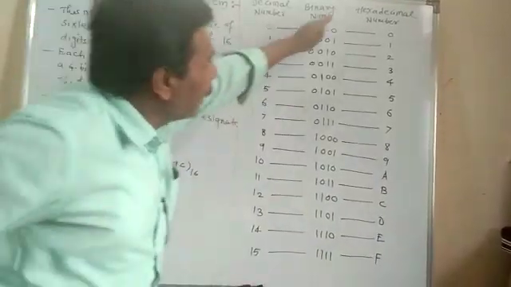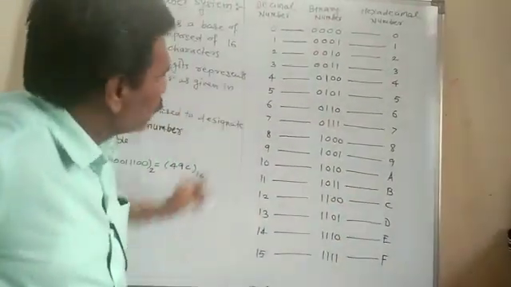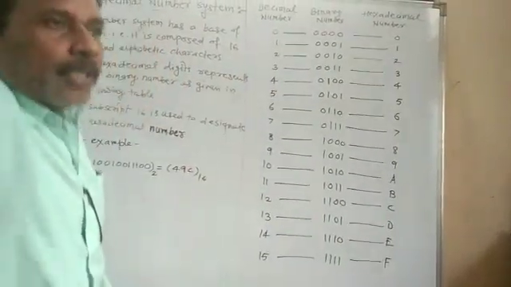So this is the hexadecimal numbers with respective binary and decimal numbers. Okay, thank you.